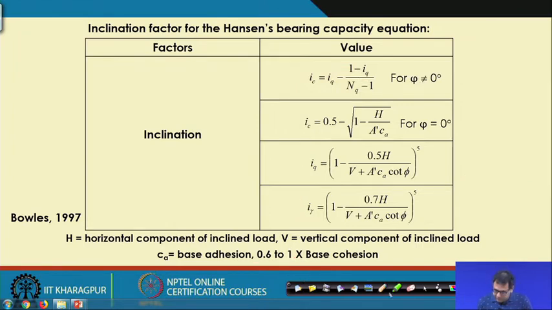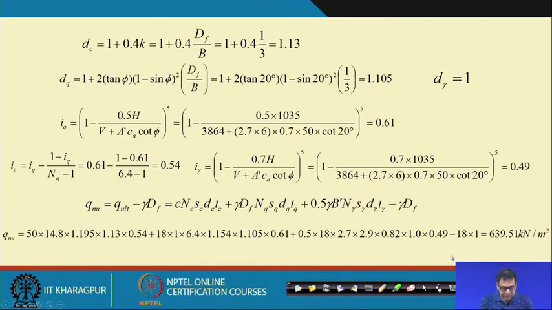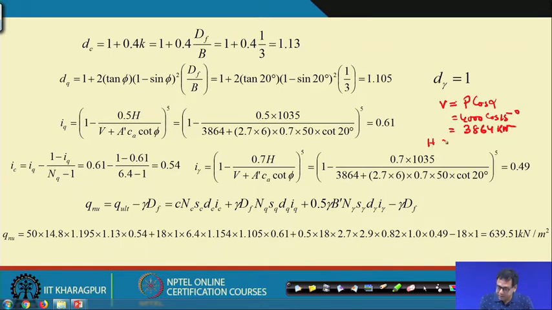Now if I use these expressions, as I mentioned, the vertical component will be P cos alpha. That means 4000 into cos 15 degrees. This value is 3864 kilonewton vertical load, and the horizontal load is P sin alpha.